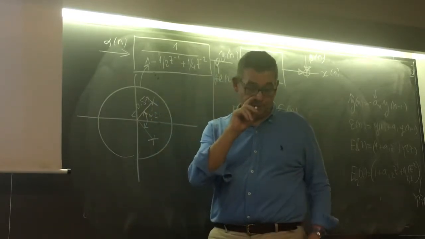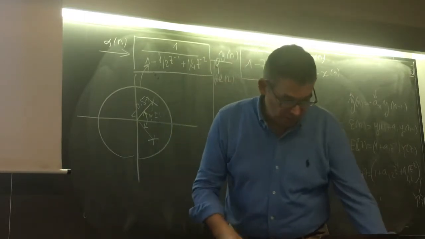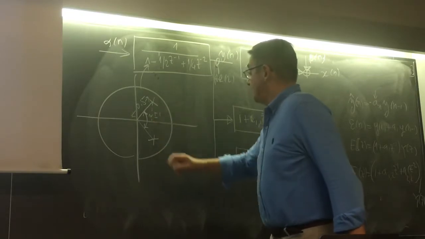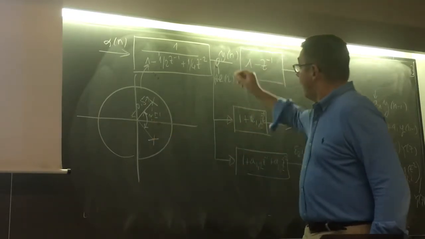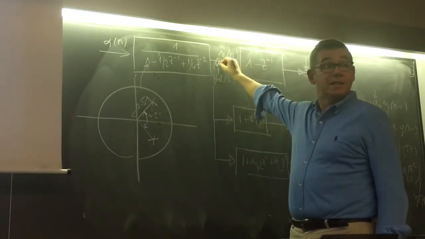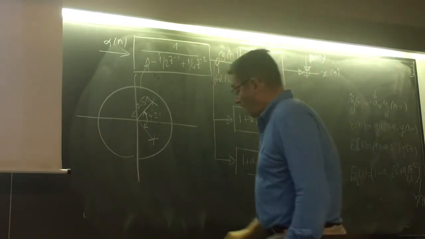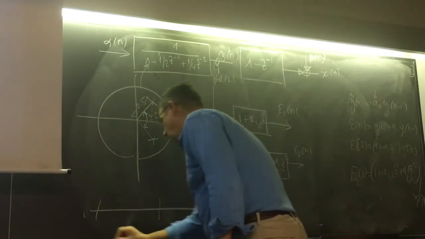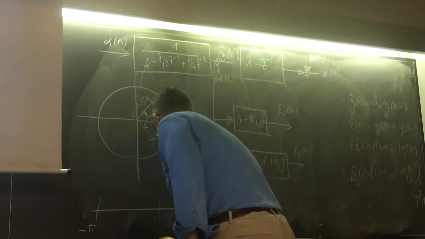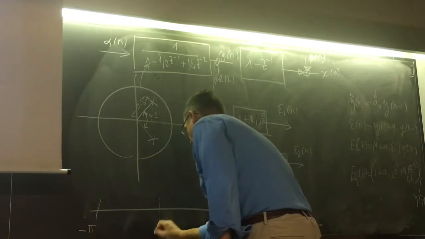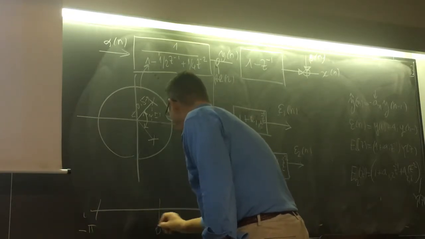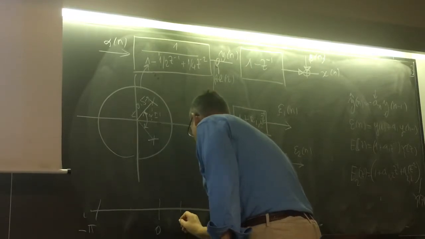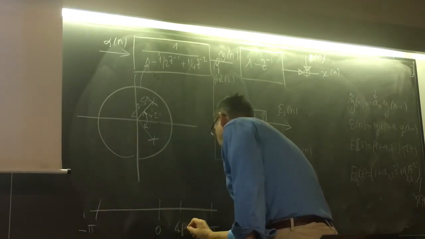That's the angle. So this is the position of the poles. Now, if I represent the power spectral density, I expect it to be approximately, this is pi half, so it's closer to the angle of the pole.